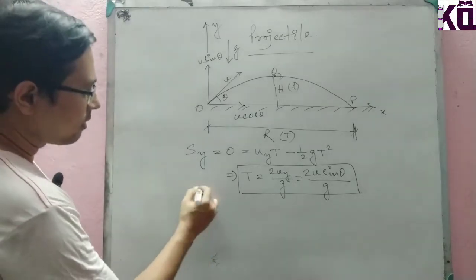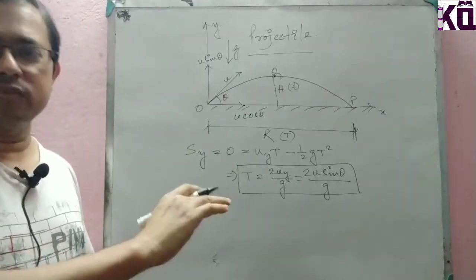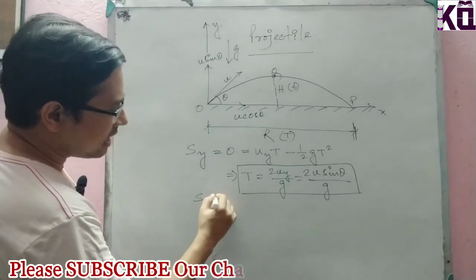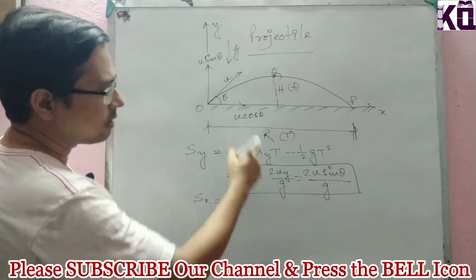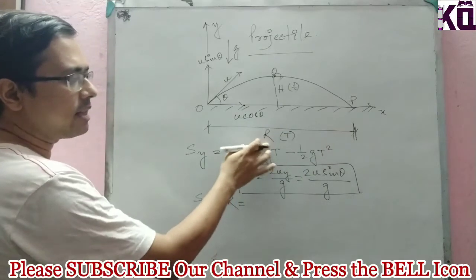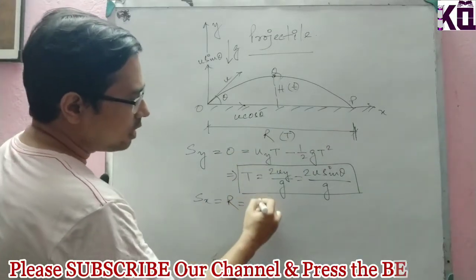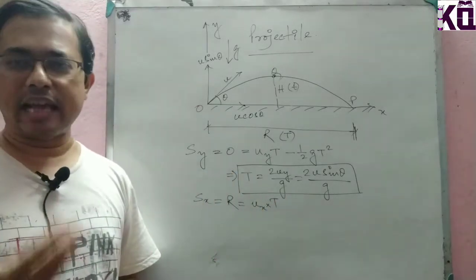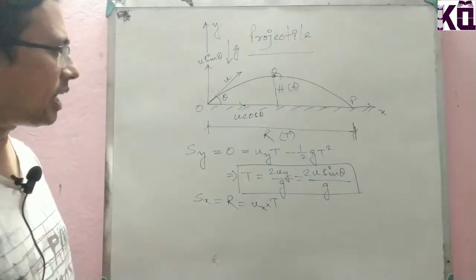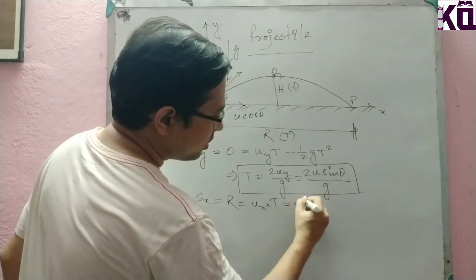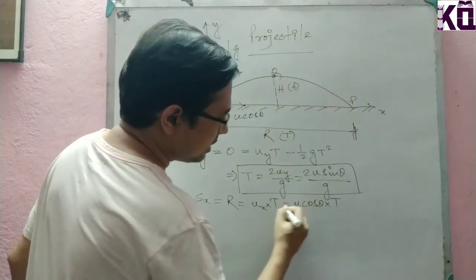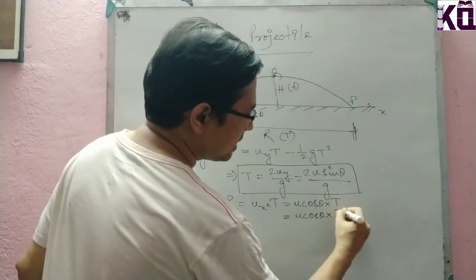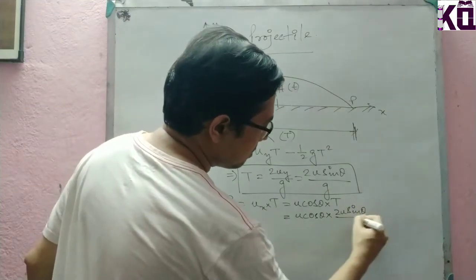So Sx, the displacement in x direction in time capital T, is the range r, equal to ux into T. That means you take the initial velocity in the x direction into the total time T. Ux means u cos theta, so u cos theta into capital T, and capital T is 2u sine theta by g.